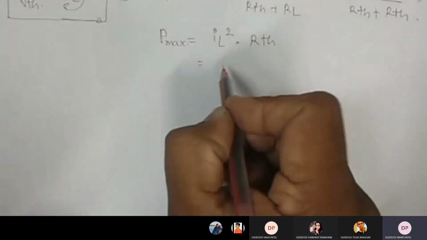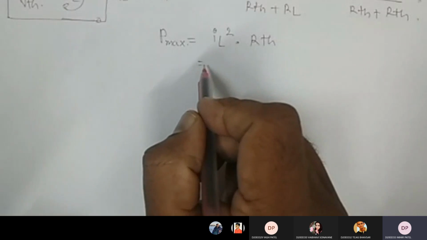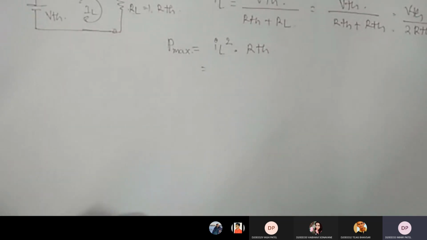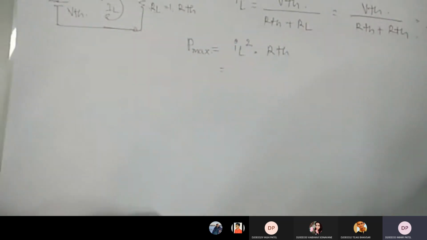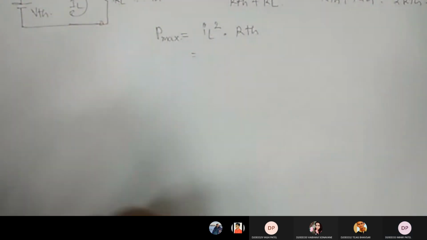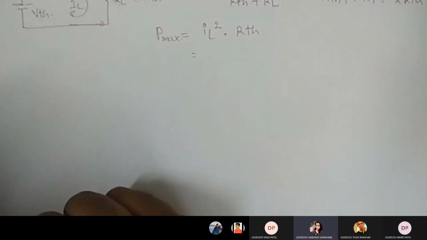Now I think it is okay. Can you please zoom out a little bit? Only a bit. Okay, that's good. Is it visible or blurry? It's visible. Okay.